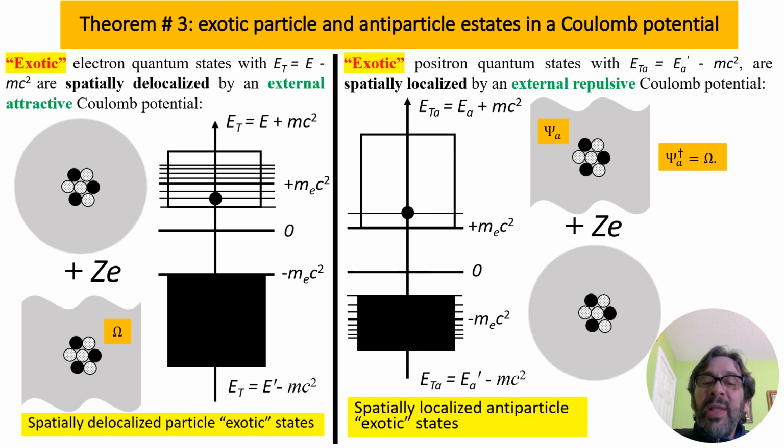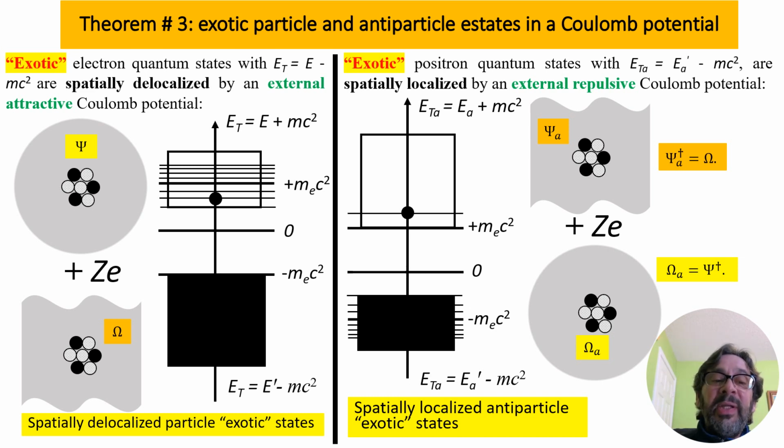We also can see that the exotic positron quantum states with total energy E sub A prime minus mc2 are spatially localized by the external repulsive Coulomb potential. How do we know this? Because we know that there is a relationship between the wave function of the common state of the electron in the hydrogen-like atom and the wave function of the exotic positron state of a positron moving around the same nucleus.